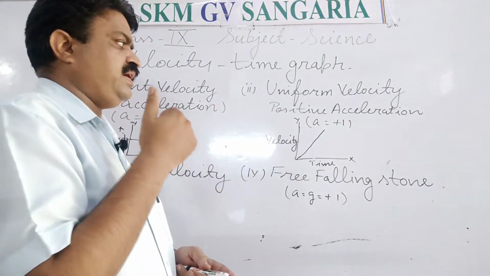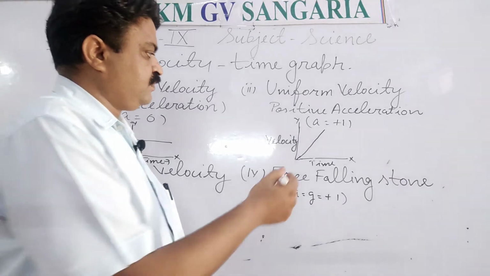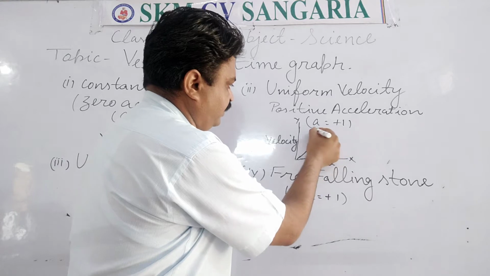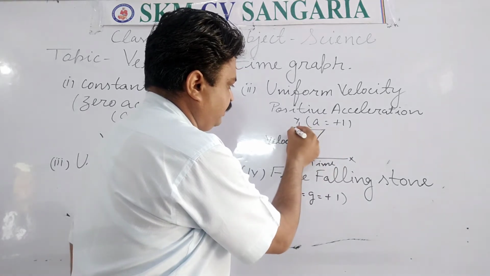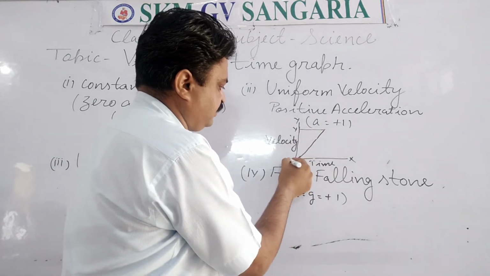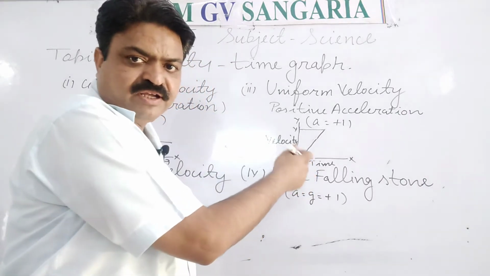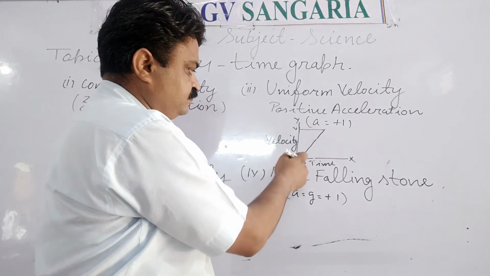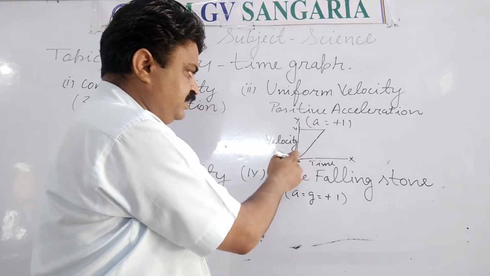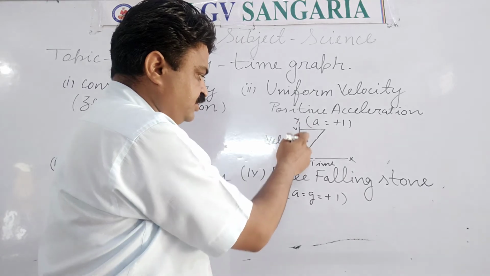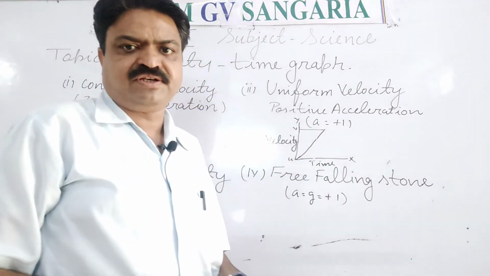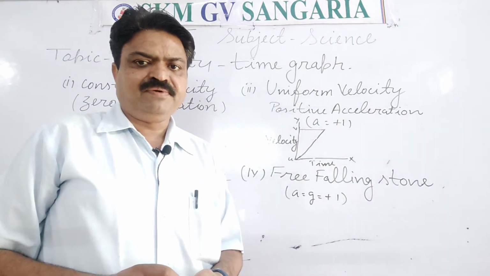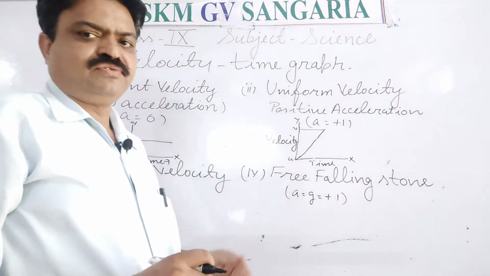It will not be negative, because in this, this is the final velocity v, and this is the initial, because the object is starting from rest. So the final velocity is more than the initial velocity. That's why the acceleration that we will get here will be positive, student.